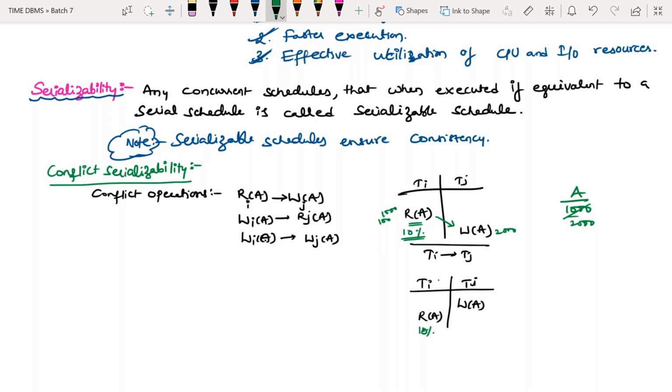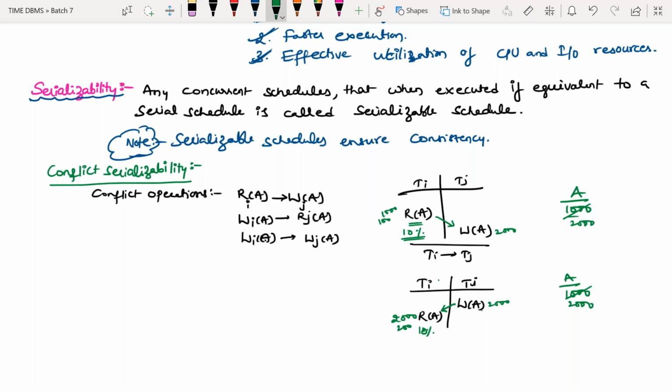Initially the value of A is 1000. Now which operation is executed first? Tj executes first and changes the value of A to 2000. Then Ti starts execution and reads A. What is it going to read? It is 2000, not 1000. And 10% of 2000 is 200, not 100. So you are getting different results.